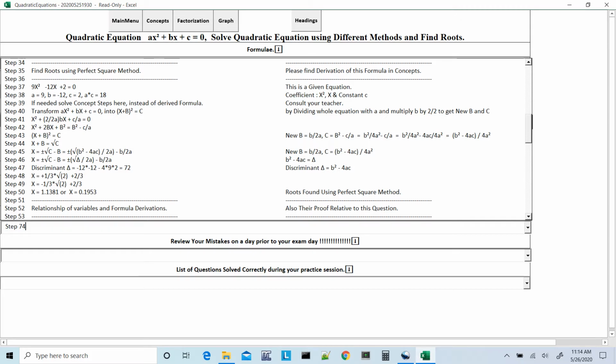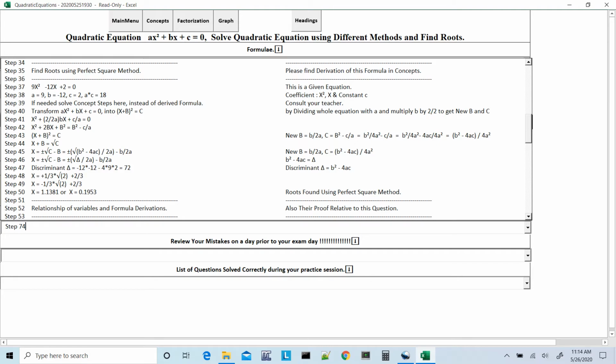Here c is b square minus 4ac upon 4a square. And then once you derive this, then you straight away substitute values of a and b, and then you calculate value of x. So in this case, this capital C which I have shown you is nothing but b square minus 4ac upon 4a square.